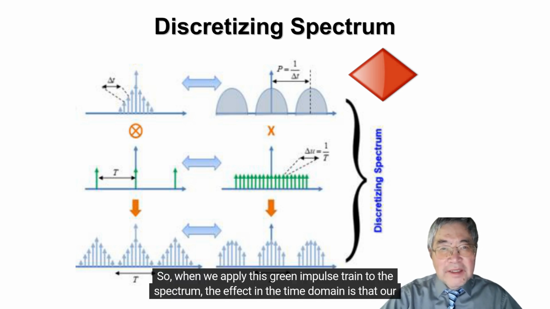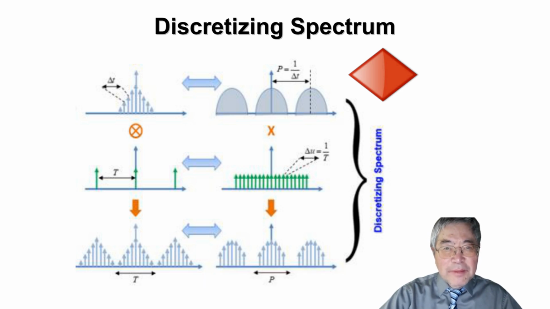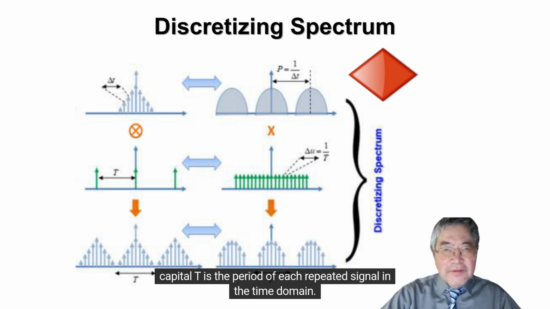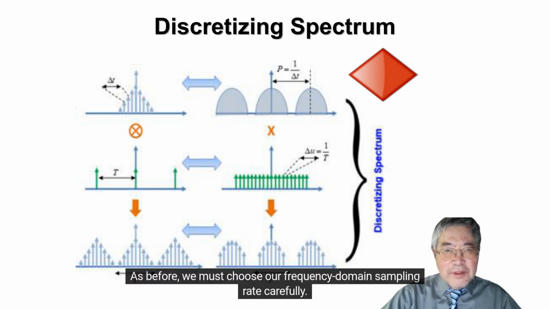So when we apply this green impulse train to the spectrum, the effect in the time domain is that our discrete signal gets duplicated at regular intervals spaced by capital T. Here, delta U, the spacing between impulses in the frequency domain, equals 1 over capital T, where capital T is the period of each repeated signal in the time domain. As before, we must choose our frequency domain sampling rate carefully.